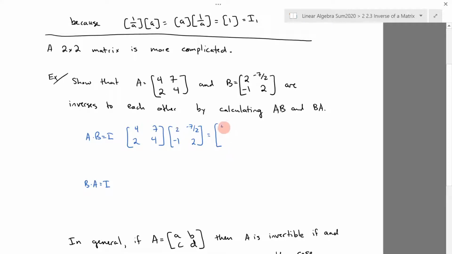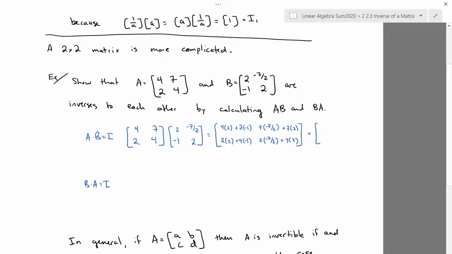It's 4 times 2 plus 7 times negative 1 for the first entry, and then 4 times negative 7 halves plus 7 times 2. This entry here is 2 times 2 plus 4 times negative 1. This last entry would be 2 times negative 7 halves plus 4 times 2.